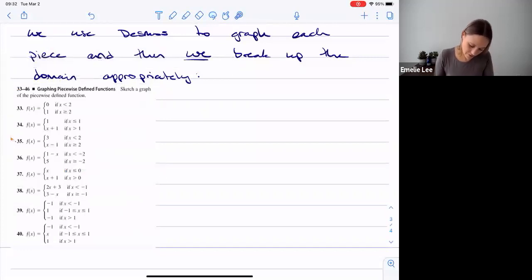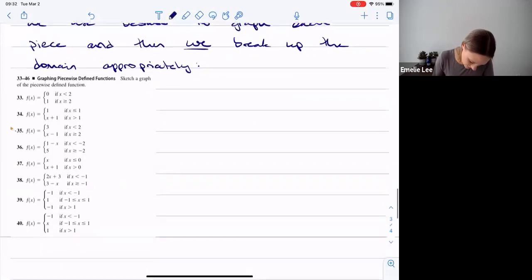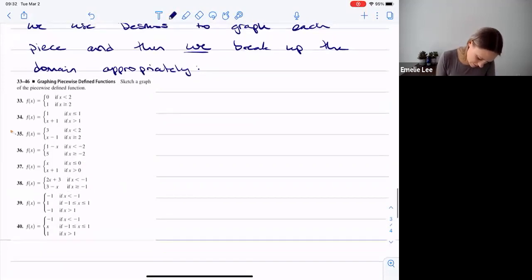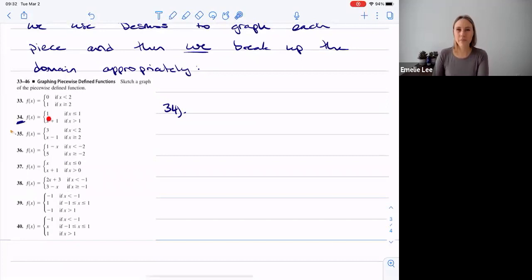So, for example, let's do 34 to start. Well, if f of x is equal to 1, what does that look like if x is less than or equal to 1?